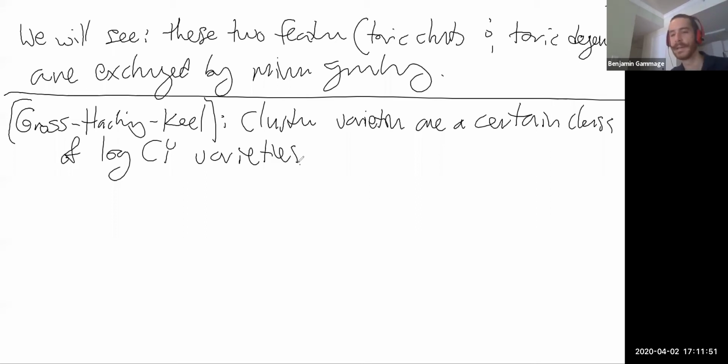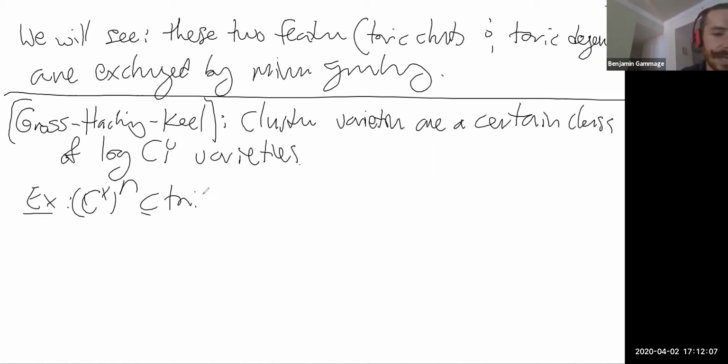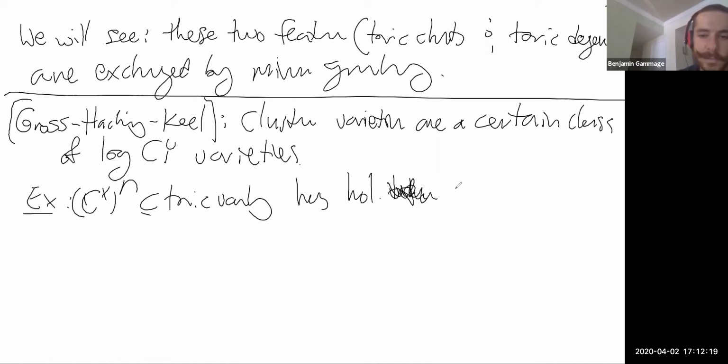An example of that would be a toric variety. C star to the n inside a toric variety has a holomorphic top form, a volume form, dx1 over x1 wedge dot dot dot wedge dxn over xn.